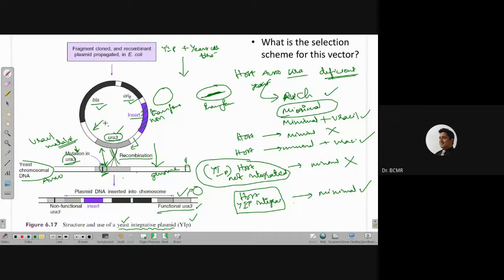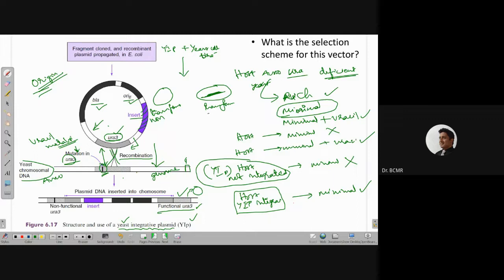All genomes, all propagating entities have one thing, and that is the origin of replication. If it is not there, it is just a piece of DNA. If an origin of replication is present, then it becomes something different, a propagating entity all of a sudden.